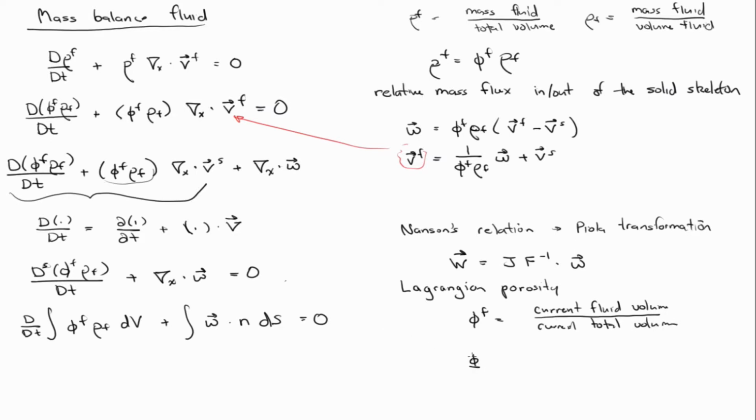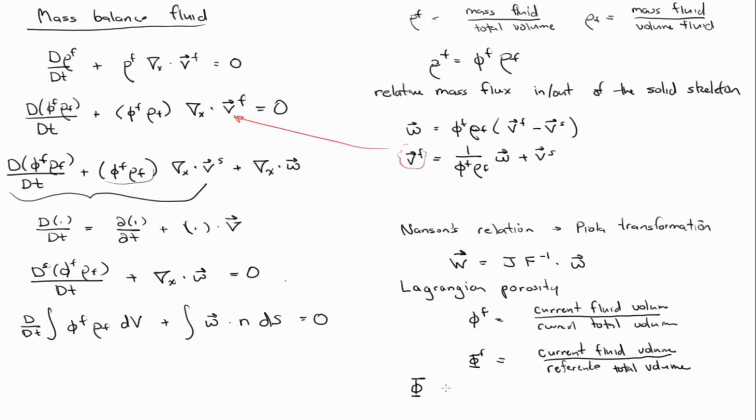And the Lagrangian porosity, or volume fraction of the fluid, however you want to say it, is the current fluid volume over the reference total volume. And how do you think they're related? Yeah, through the Jacobian determinant, right?